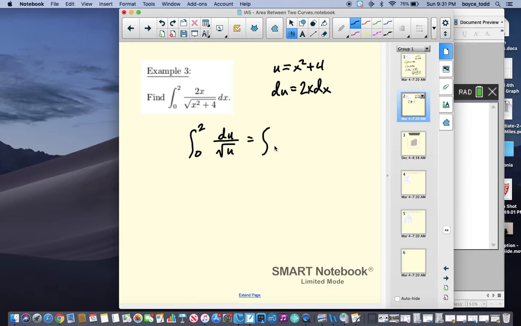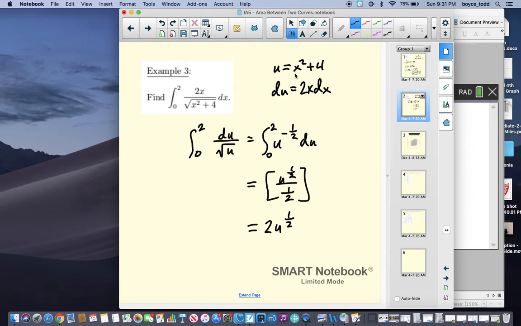So I'm going to rewrite this in a way that I can use u to the negative 1/2 du. And we've got our 0 to 2, but we're not going to worry about that until we integrate. All right, so now we go to integrate. Remember, you've got to add 1, so it's going to become u to the 1/2 divided by 1/2, which is really like 2, right? So we're going to get 2u to the 1/2.